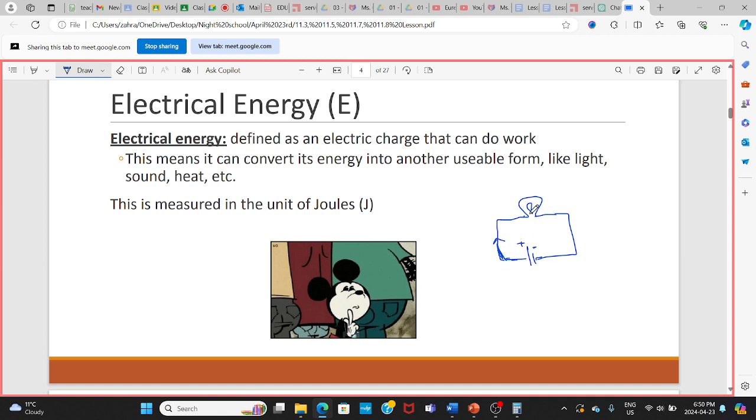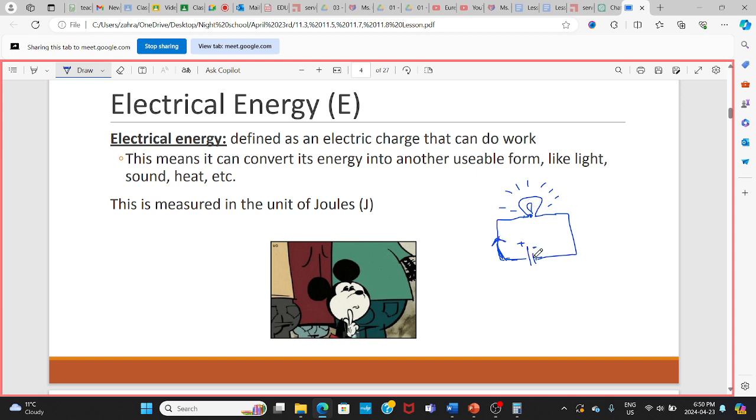When it hits the light bulb, the energy of this charge is transferred into light and heat, right? Because when you touch it, you feel the heat. So you can use electricity to turn on the light.